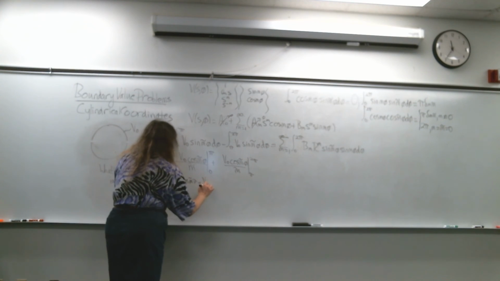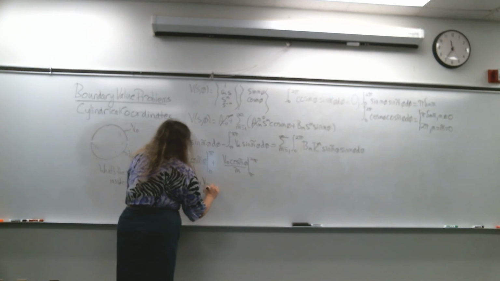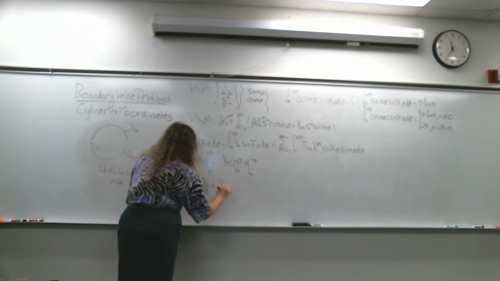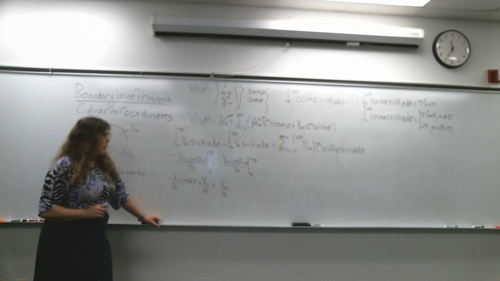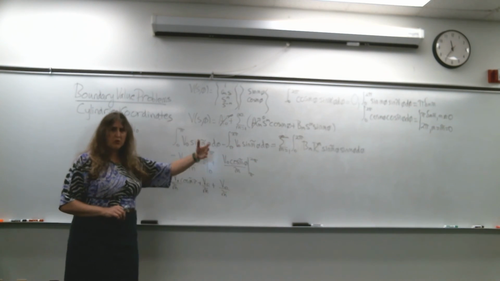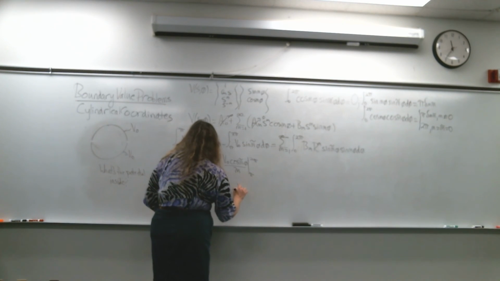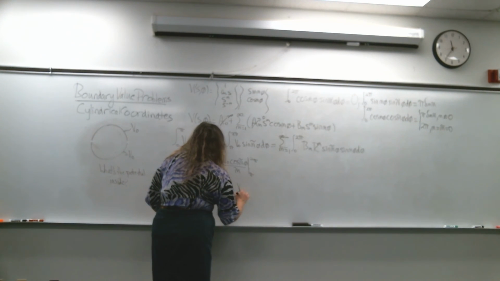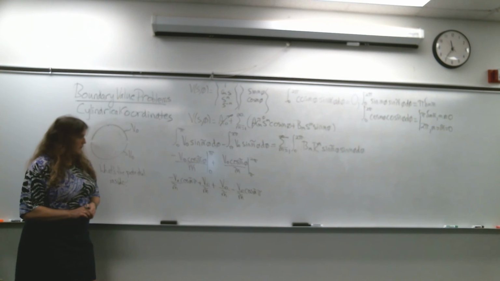Second term, V naught over n tilde. Third term, it's just going to be V naught over n tilde. Again, it's just going to be some integer times 2 pi, which is what cosine is always going to give us 1 in that case, and then minus V naught over n tilde cosine n tilde pi.